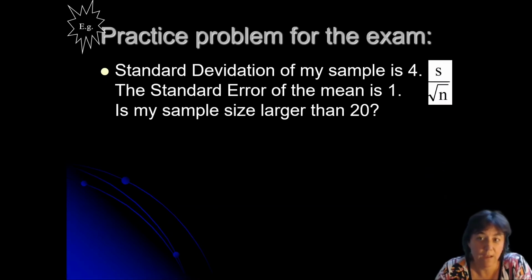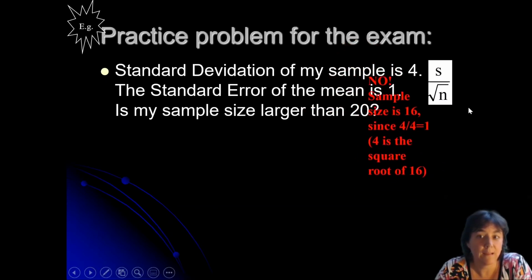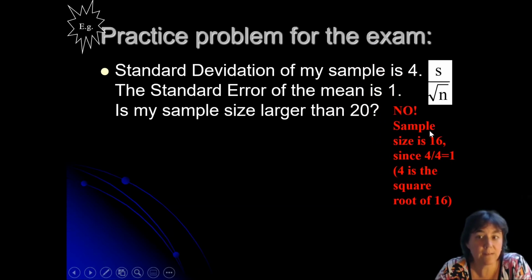It's very useful if you know the formula. And the answer is no, since the sample size is in fact 16, since 4 divided by 4 is 1, because 4 is the square root of 16 and not 20 or anything larger.